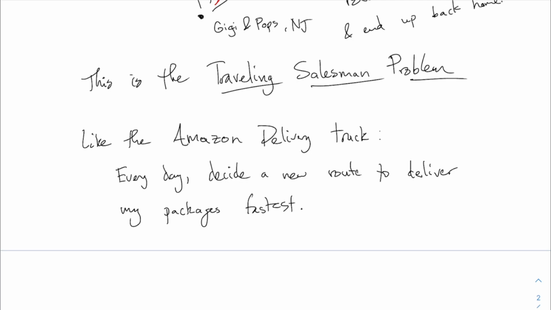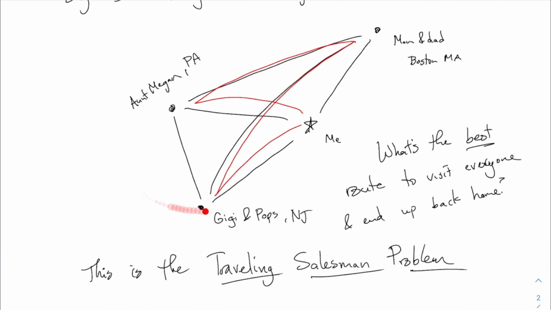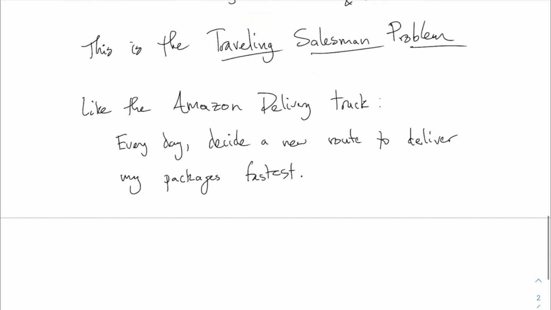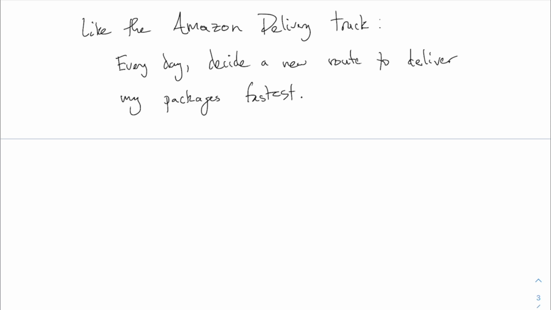So really what they are doing is trying to solve a problem exactly like this, which I've described here, only instead of 4 locations total, you're talking about hundreds of different addresses that you have to drive these packages to in a sensible order, right? So every day you have to decide a new route to deliver my packages the fastest, with maybe hundreds of addresses.